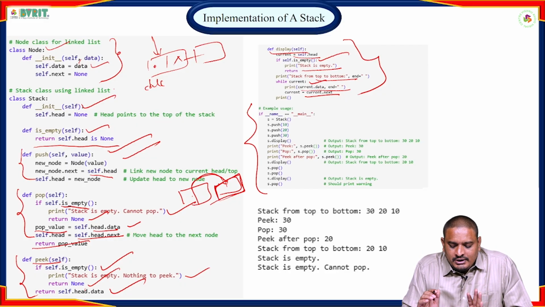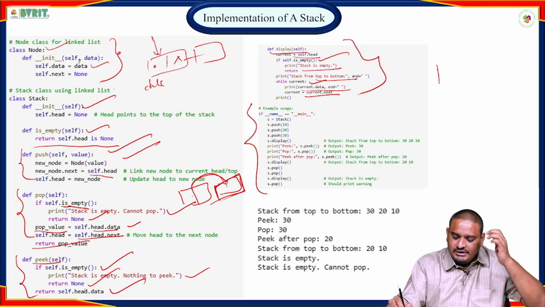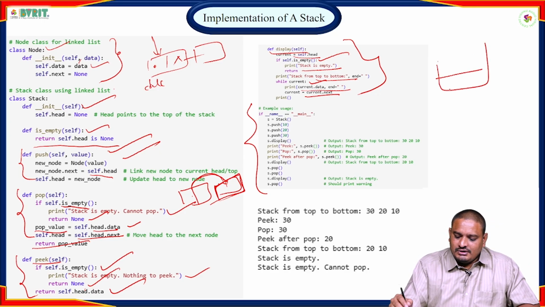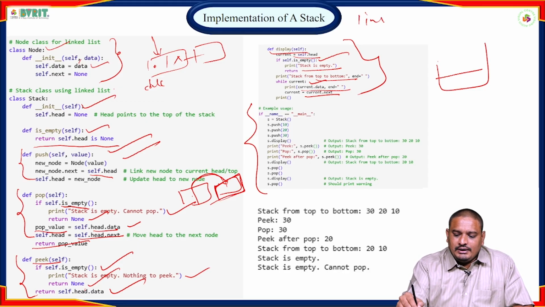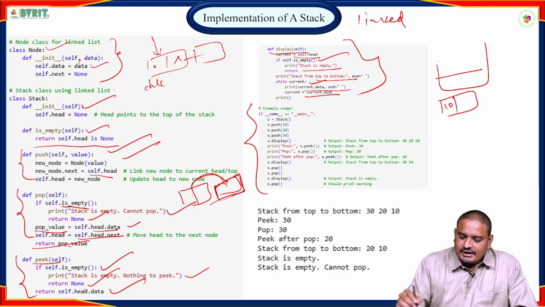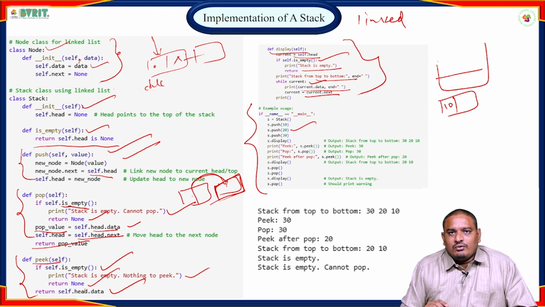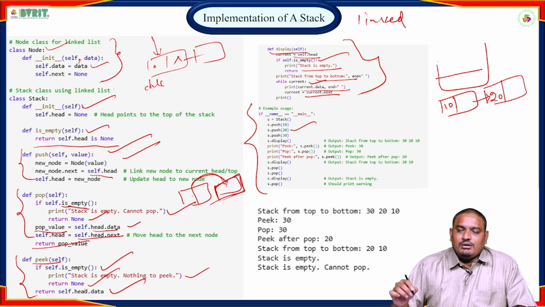Now we can check by inserting the elements one by one. First, we create the stack using the implementation of stack using linked list. The first element is 10. The second element inserted is 20.